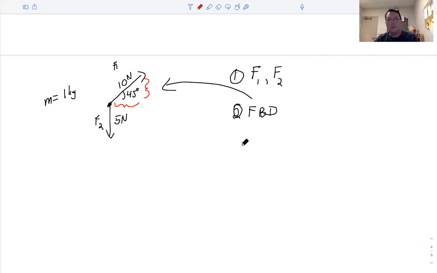So force 1 in the X direction, I'm going to use the cosine of 45. So that's going to be 10 newtons times cosine 45 degrees. Cosine of 45 is 0.707. So this is going to be 7.07 newtons.